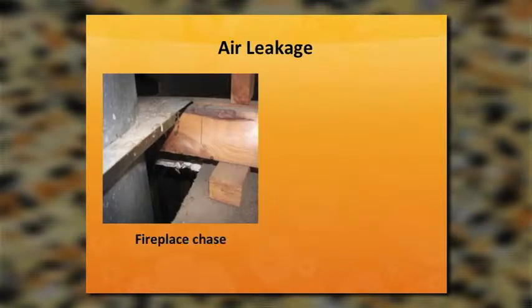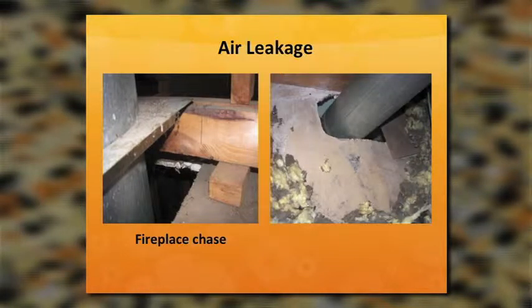Here we see a fireplace chase that's not properly sealed and insulated at the top, as well as on the right-hand side, we see the exhaust for a range hood. And we see, again, it's not well sealed. Consequently, conditioned air from inside the building can escape out through these holes.